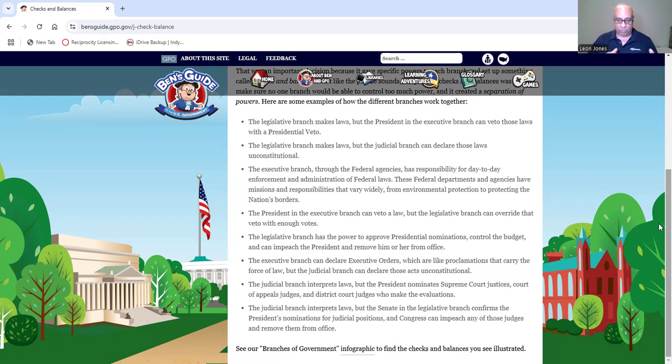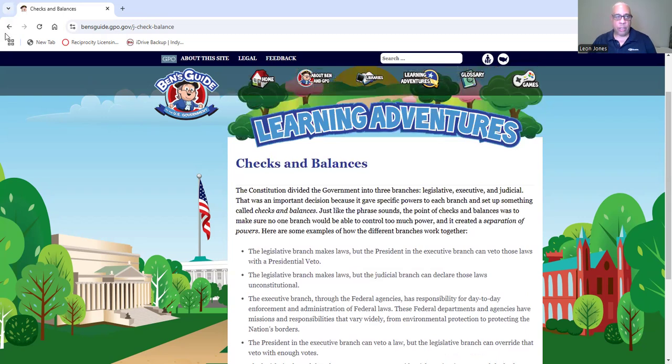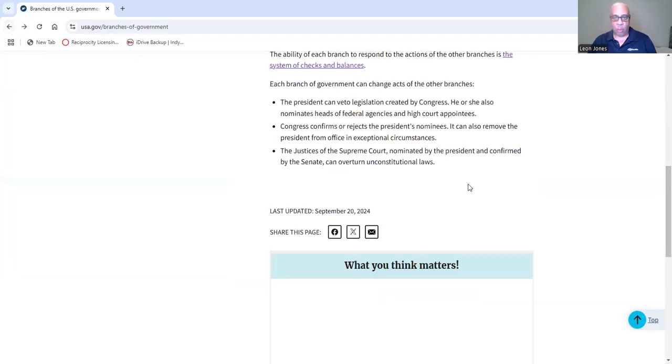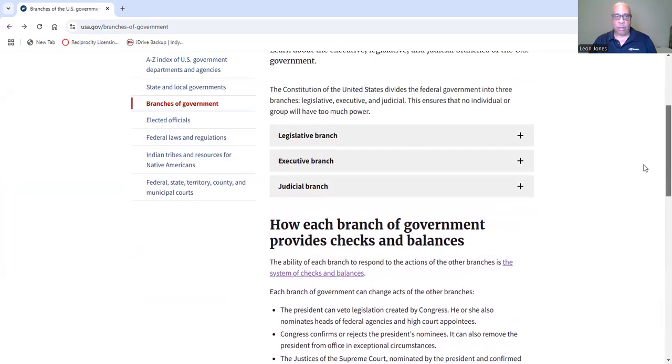The judicial branch interprets laws, but the Senate and the legislative branch confirm the president's nominations for the judicial positions, and Congress can impeach any of those judges and remove them from office. And again, that is how our system of government works.